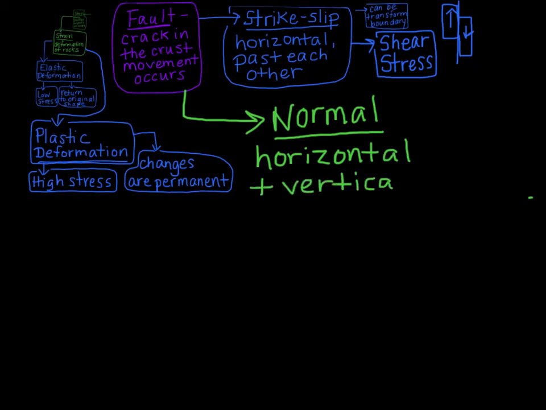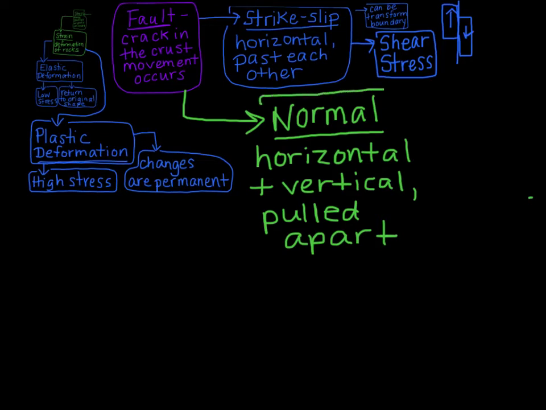So the rocks are moving in two different directions. And these occur when the rocks are being pulled apart. A normal fault has movement both in the horizontal and the vertical direction and occurs when the rocks are being pulled apart.